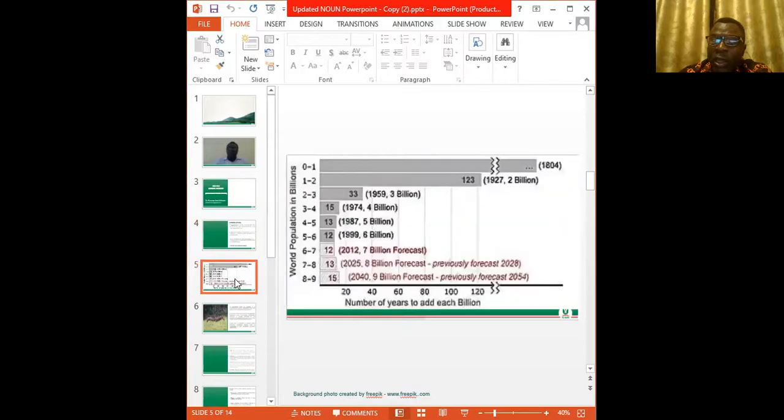All right, so the chart here shows the human population over the years. You can see that world population is now in billions. In 1804, we had 1 billion. 1927 was about just 2 billion.